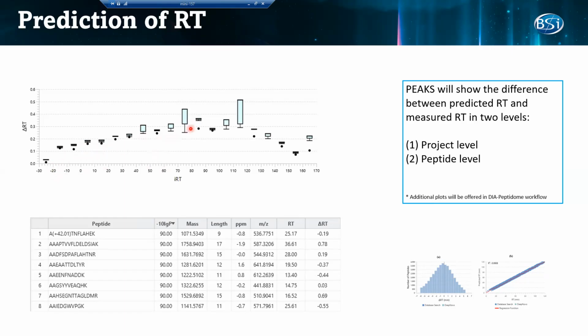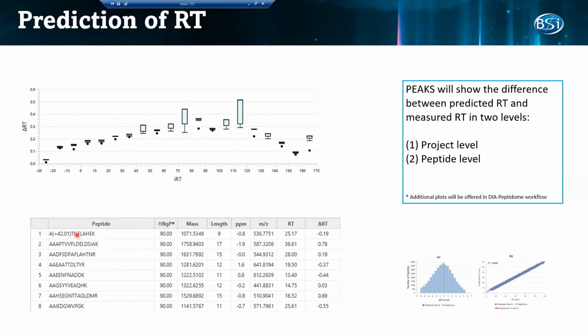For all your LCMS time, we map it to the iRT, and we calculate the delta RT for all the peptides in one small range, such as a time interval. So we will know in which part the delta RT is large and in which part it is small, and we can see if the result is confidently identified.